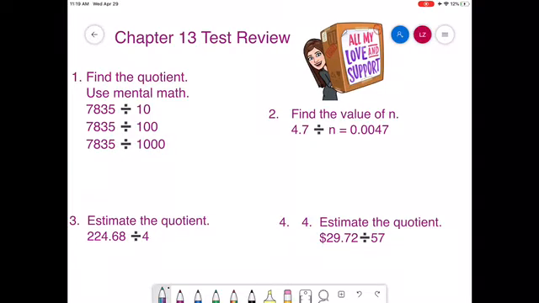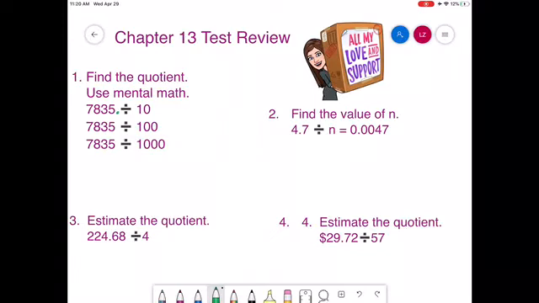We have 7,835 divided by 10. You know that when you are dividing by a power of 10, you are going to move the decimal place from its current spot over to the left, because your answer, your quotient, is going to be smaller because you're dividing it. All right, so currently our decimal point in a whole number is going to be right here at the end of the whole number, but it says divide it by 10.